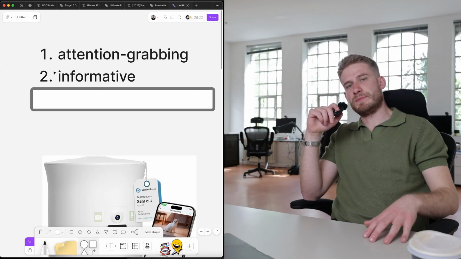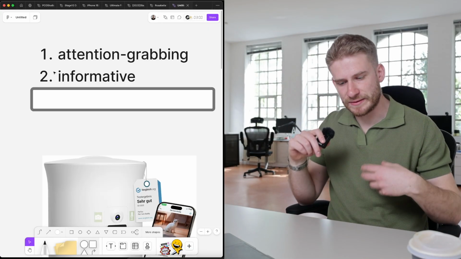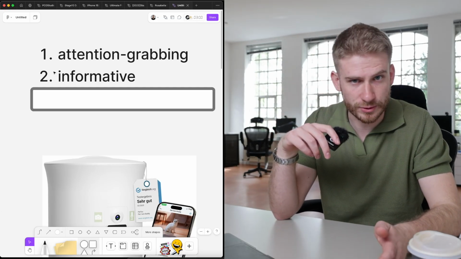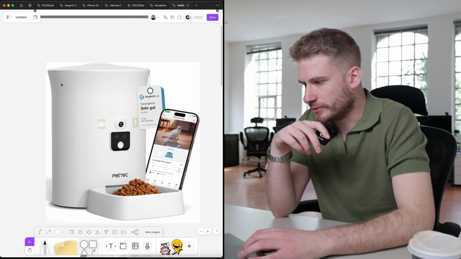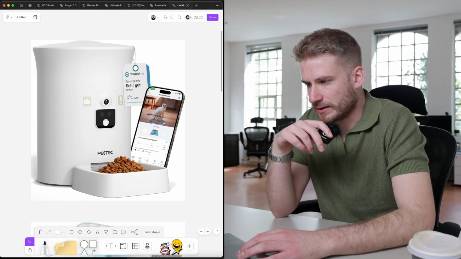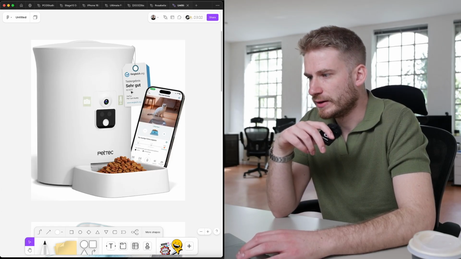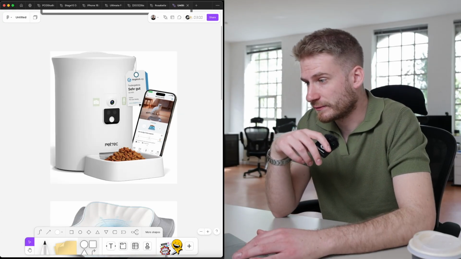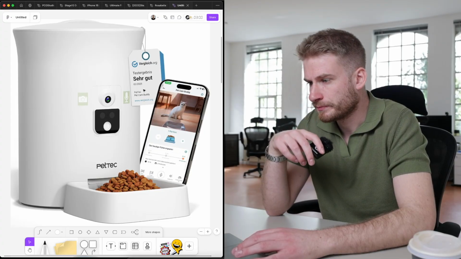The next thing, the second thing, is informative. So the first step is grabbing the attention. Then the next step is giving some kind of information nuggets that are very important for the purchase decision for this product. So this could be, for example, in this showcase, highlighting some aspects about the app, or giving some social proof about how well perceived this product is from testing agencies or whatever the case may be.